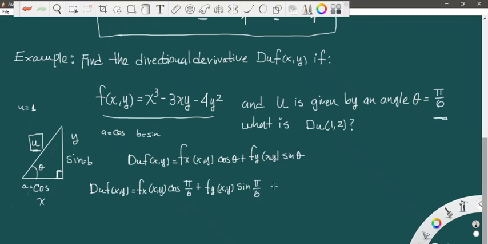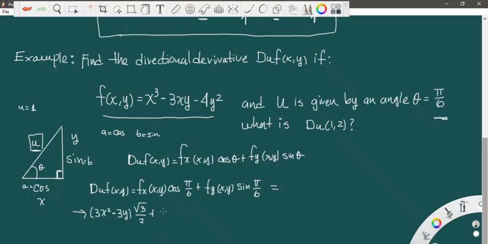Doing the math there, this is equal to 3x squared minus 3y, which is the first partial derivative with respect to x, and the cosine of this is equal to square root of 3 divided by 2.